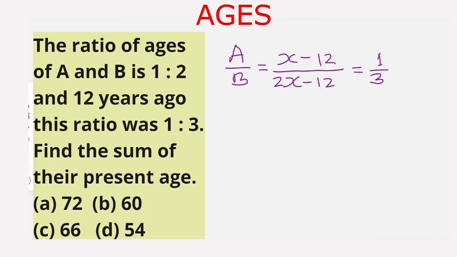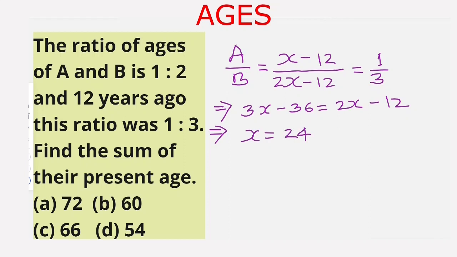Now by cross multiplication we get 3 times x is 3x, minus 12 times 3 is 36, equal to 2x minus 12. By transferring 2x towards the left and minus 36 towards the right, we get 3x minus 2x is x, equal to 36 minus 12 is 24.